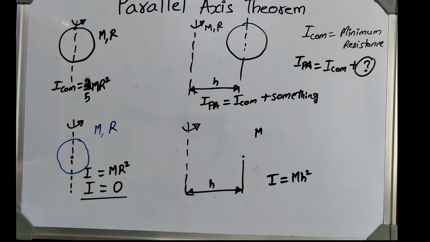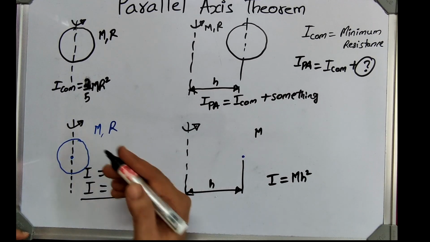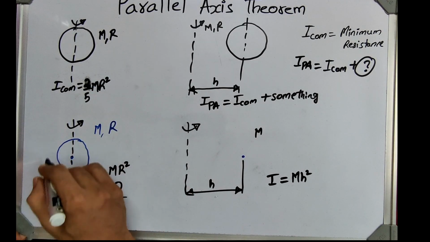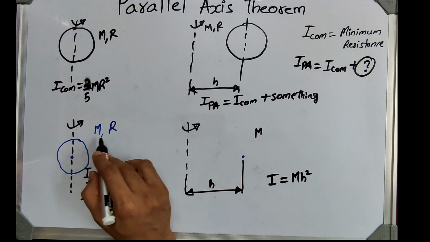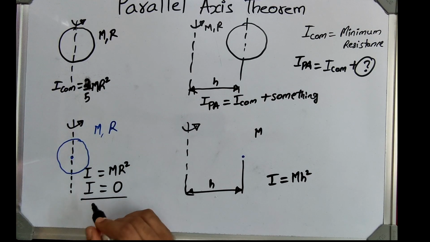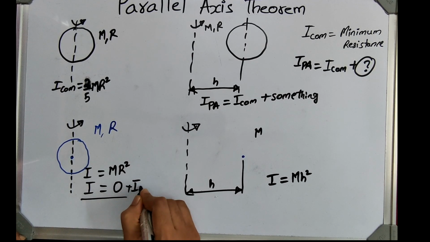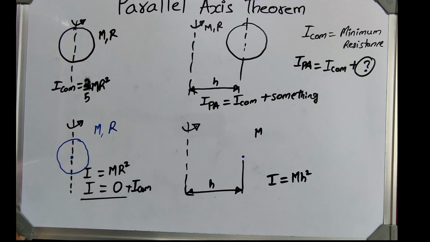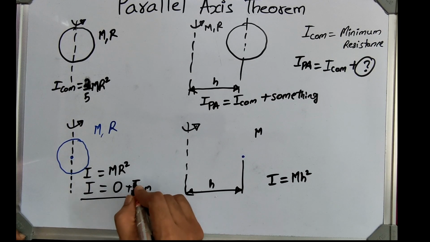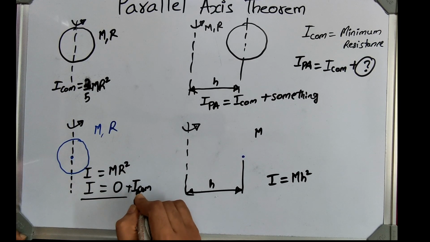Now this will end up offering some inertia, isn't it? Experiment proves it, formulas prove it, that for a sphere with mass and radius, if you try to rotate it through its center, I will not be 0, it will be equal to the center of mass inertia. So I is not 0 anymore. As this exploded, we need to include the I COM.